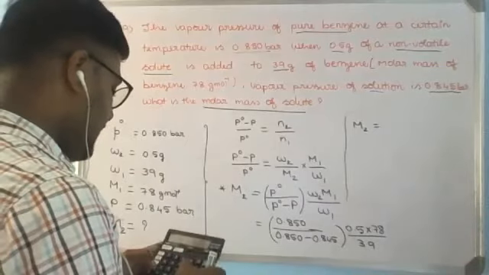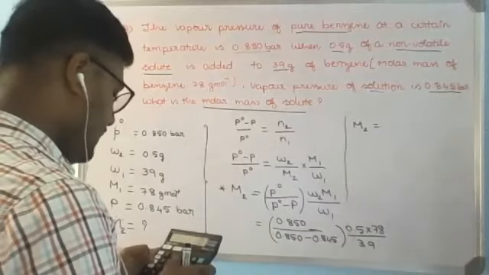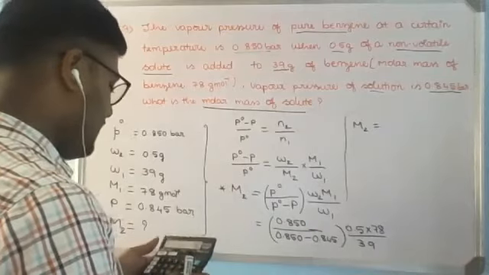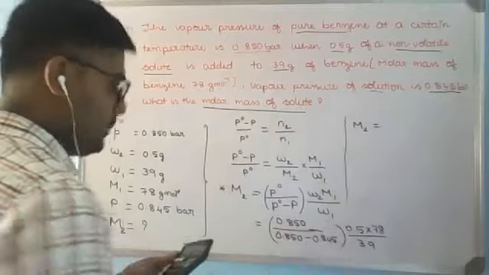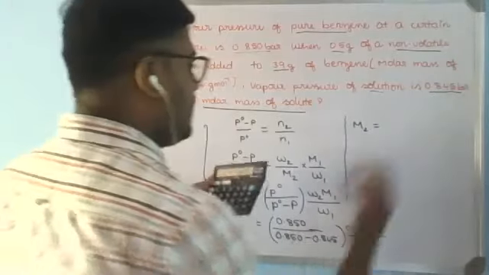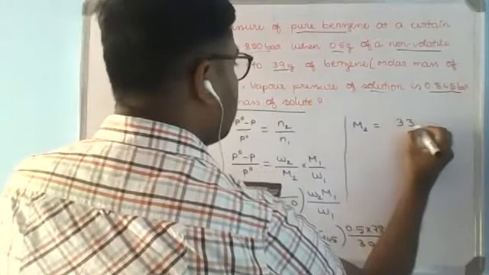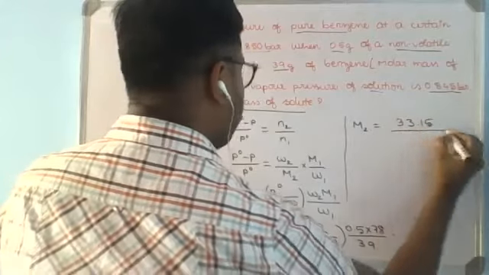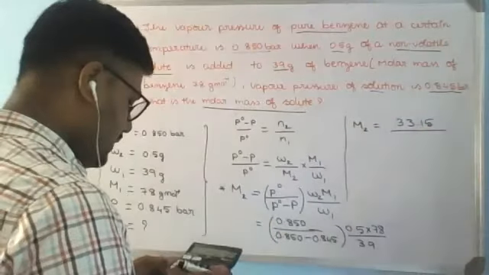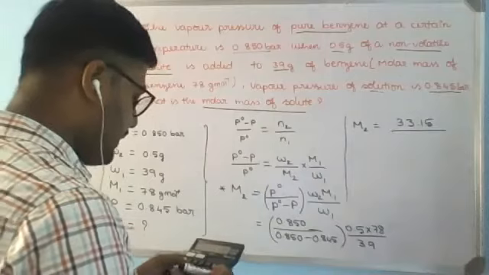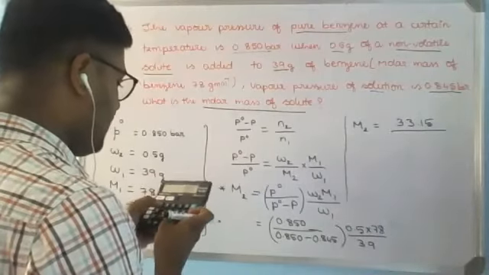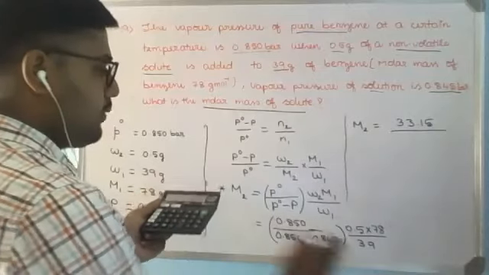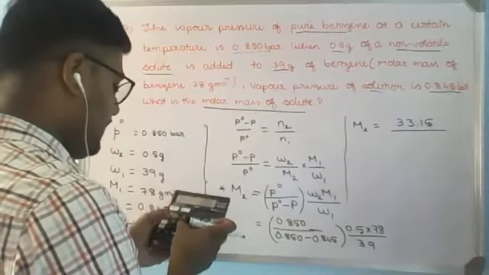0.850 into 0.5 into 78 will be equal to, I'm multiplying only the numerator values. The value is 33.15, divided by the difference first, 0.850 minus 0.845, that is 0.005, into 39.